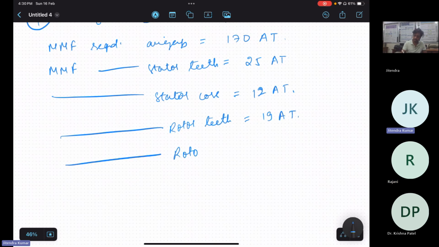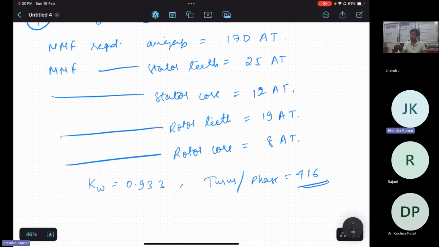For rotor core it is 8 ampere turns. So that's all the data mentioned here. Now a stator winding factor is given as 0.933 and turns per phase is 416.